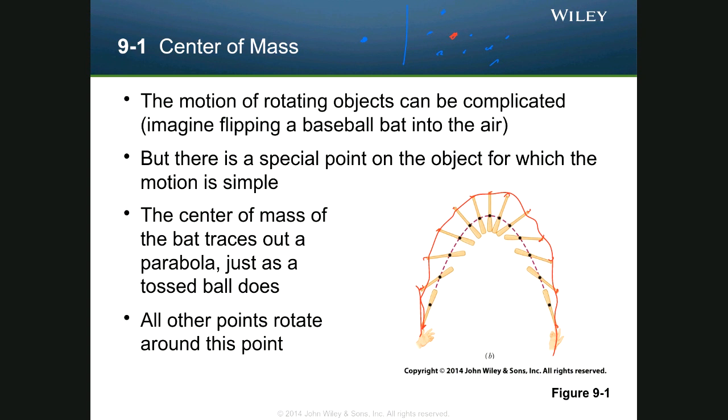But you'll notice, because it's got this extra rotation part in it, the center of mass keeps a nice, even parabolic motion through everything. So instead of looking at the bat, we look at one point moving as this center of mass.